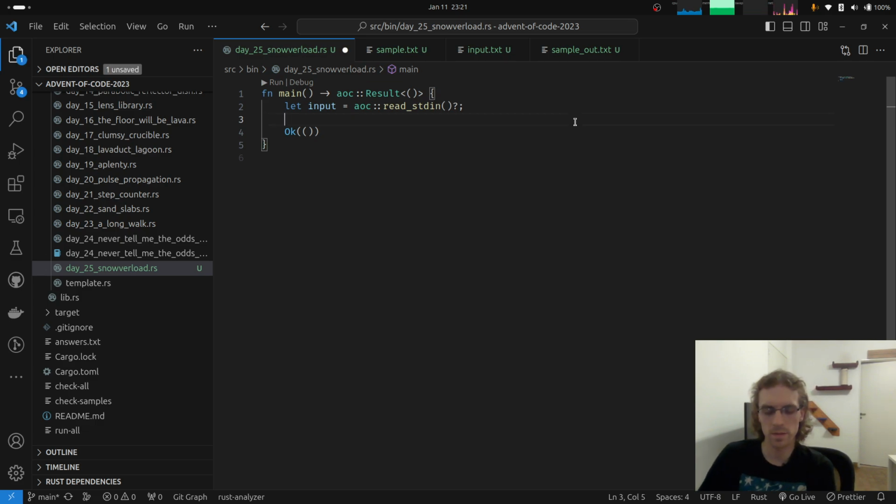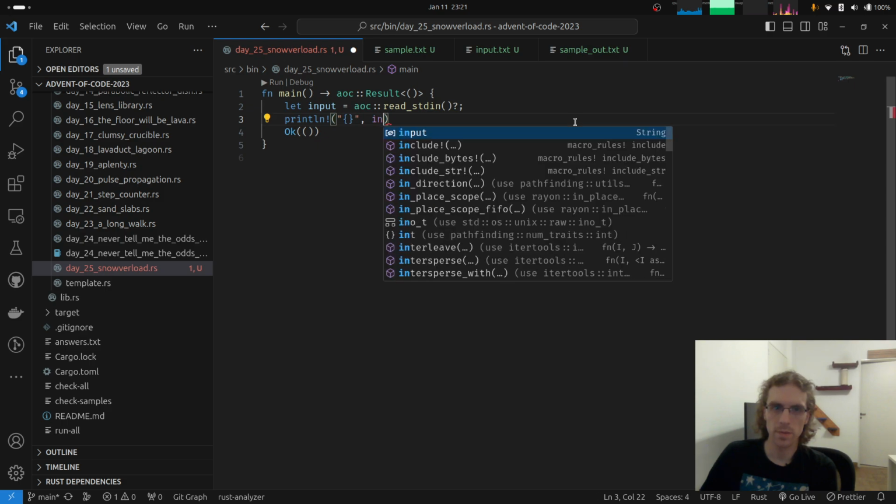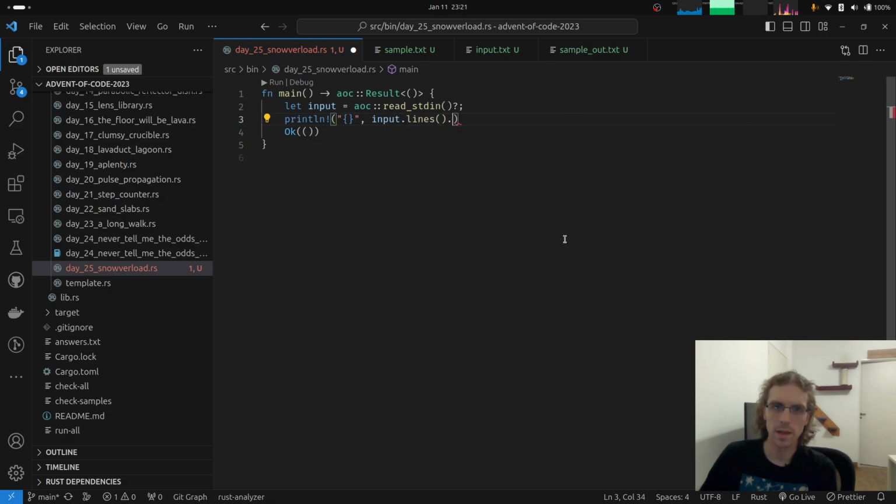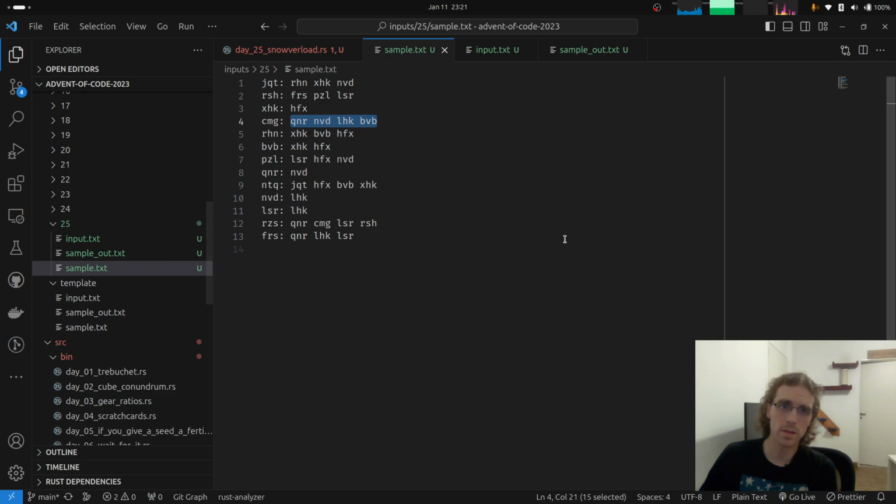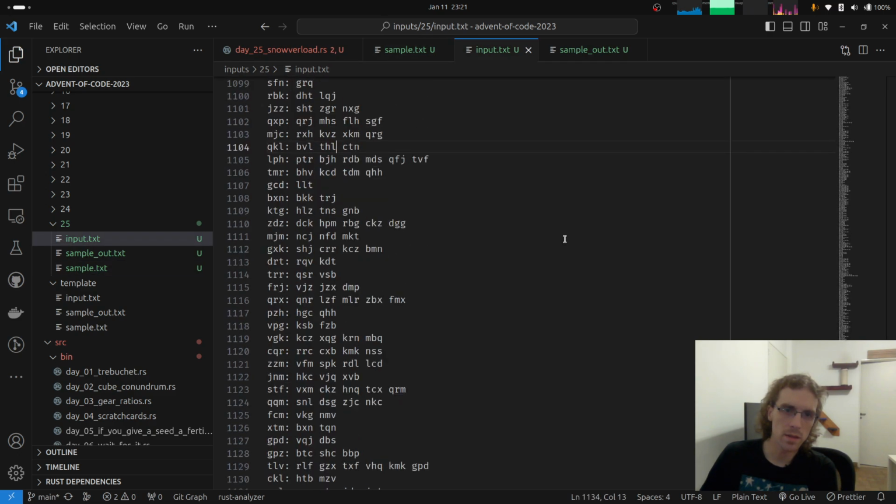Let's say pretty fast. Print line for input. We're just going to get the lines and then map each line. They are all 3-letter things, right?